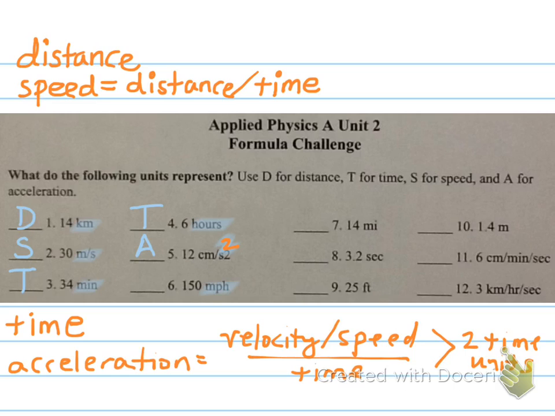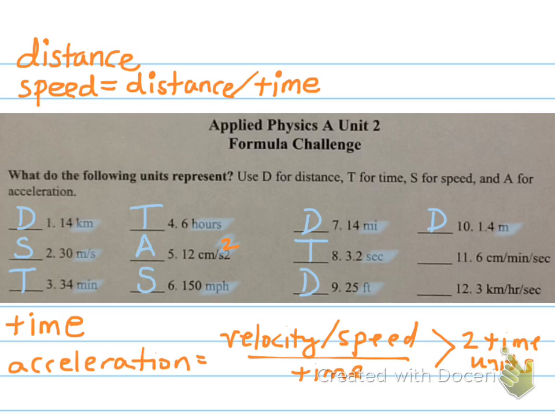Next we have miles per hour, which is a distance per time, so that is a speed. Next we have miles, that is a distance. Next we have seconds, which is a time. Next we have feet, which is a distance. Next we have meters, which is a distance again.